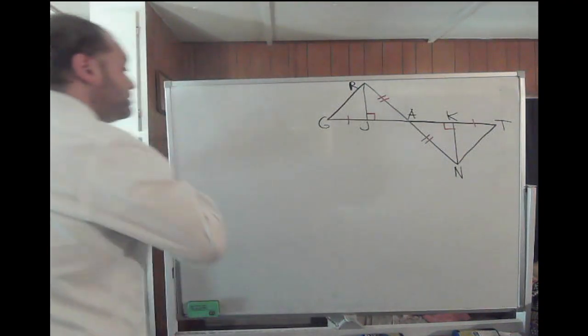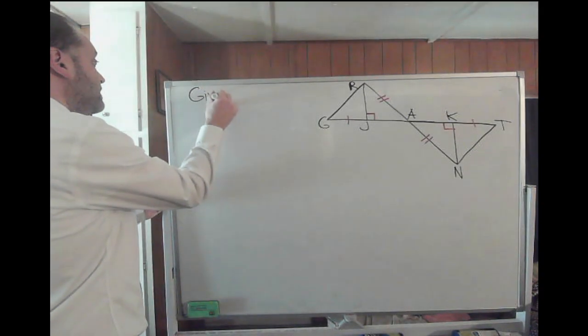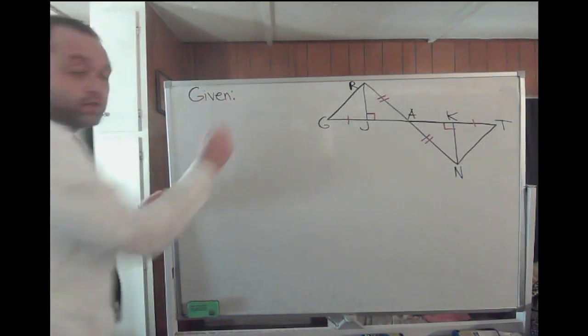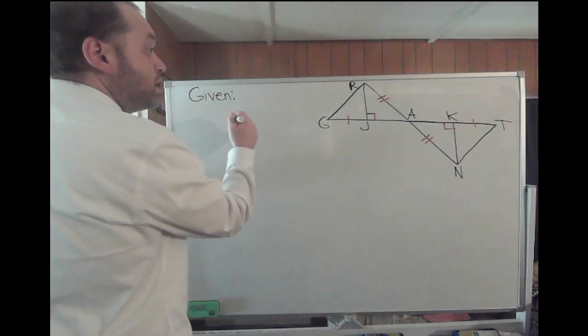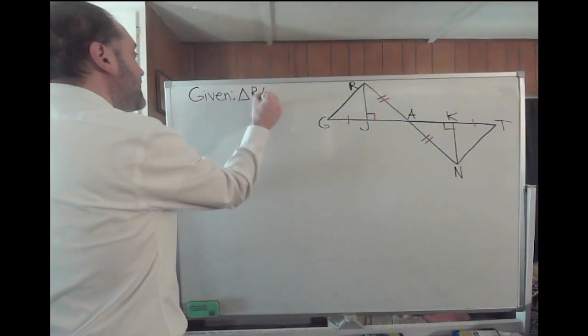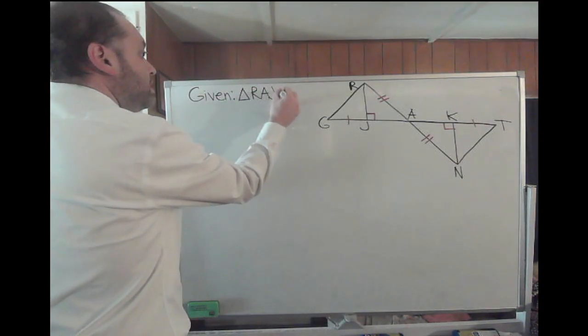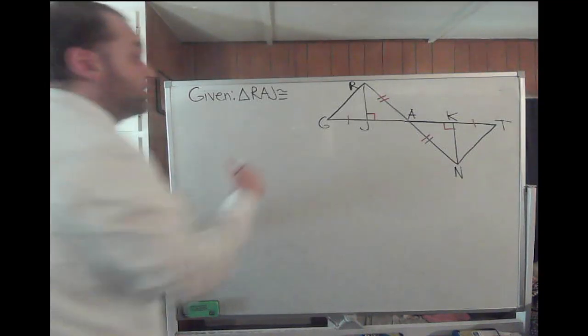So let's see what we've been given. What have we been given? That triangle RAJ is congruent to triangle NAK.